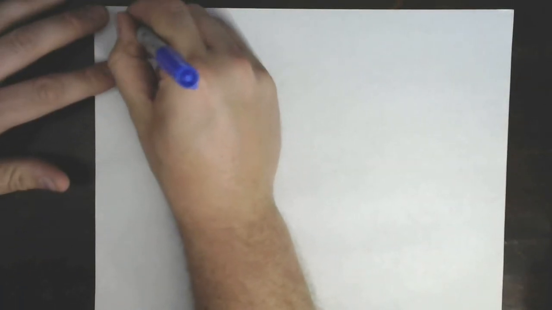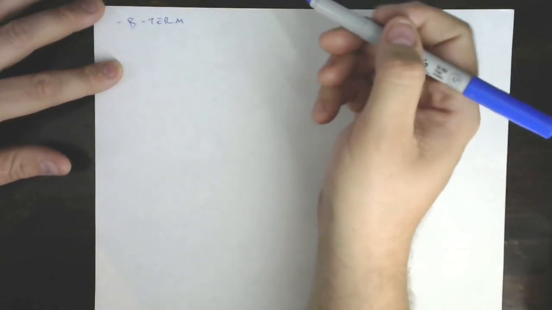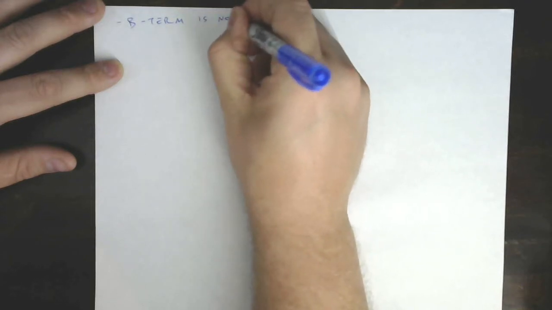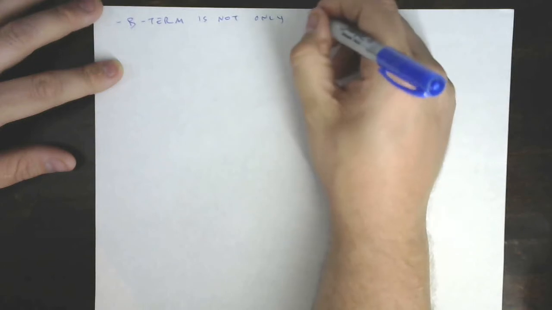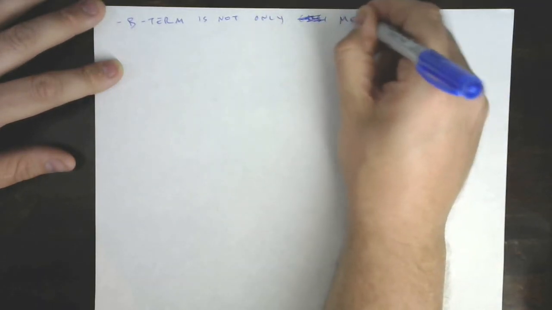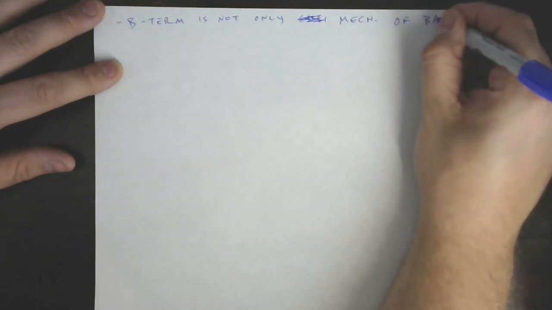So it turns out B term, it's the only Van Deemter term that contributes to band broadening, but it's not the only mechanism of band broadening.